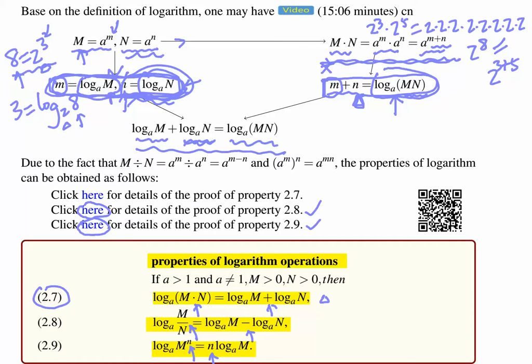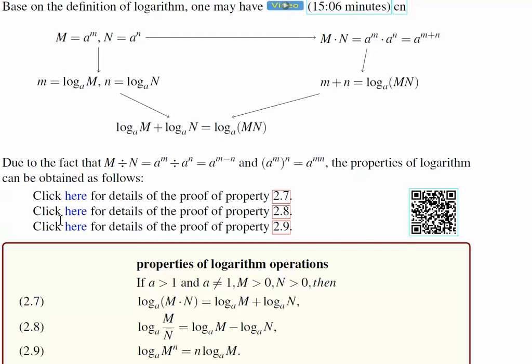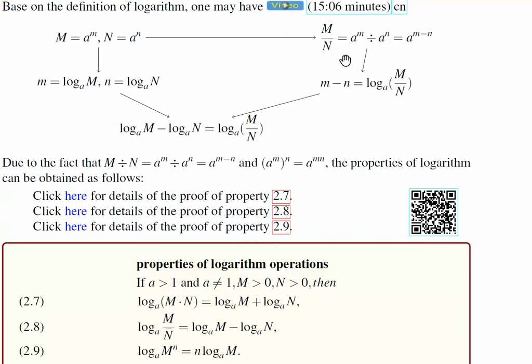Let me show you right here. So you see down here, if you click, right now those are the same as the previous one. Click that, and here is the first proof for this property. If you click here, you'll get a subtraction, and here is division.